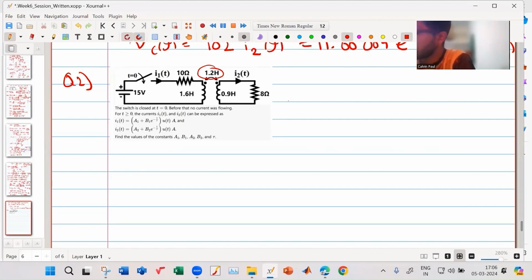Mutual inductance, yes. Also, one more thing they have told, that there was no current flowing. This is important. So I1 of 0 was 0, and I2 of 0 also was equal to 0. The current at time t equal to 0 is 0. Now, when you make the equivalent circuit, it will be like this.